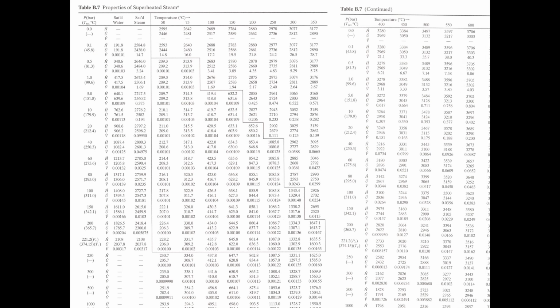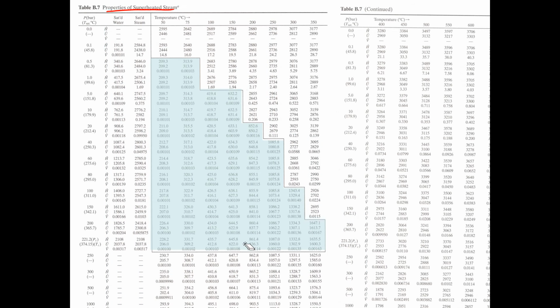And now going on to B7, these are the properties of superheated steam. On this side we have liquid, and on this side we have vapor. So now it's not just the saturated liquid or vapor, but we are looking at superheated. This would be superheated, and that is also cooled below the bubble point.